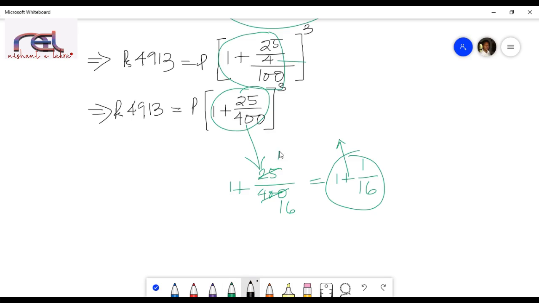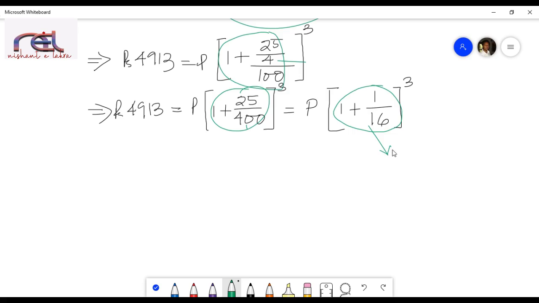So 1 plus 25 by 400, we can also write as 1 plus 1 by 16 after simplifying it. So P into 1 plus 1 by 16 to the power 3.